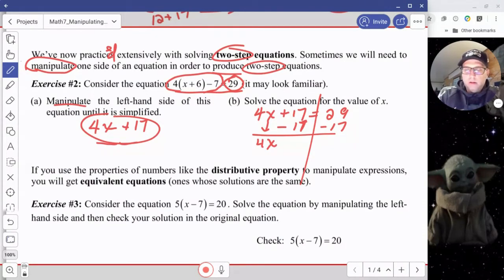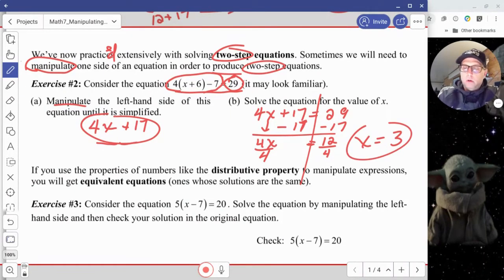They add up to 0. 29 minus 17 is 12. Okay, now we attack the 4, which we see is multiplying. All right, and the remedy or the antidote is to divide by the same number. We get x equals 3.